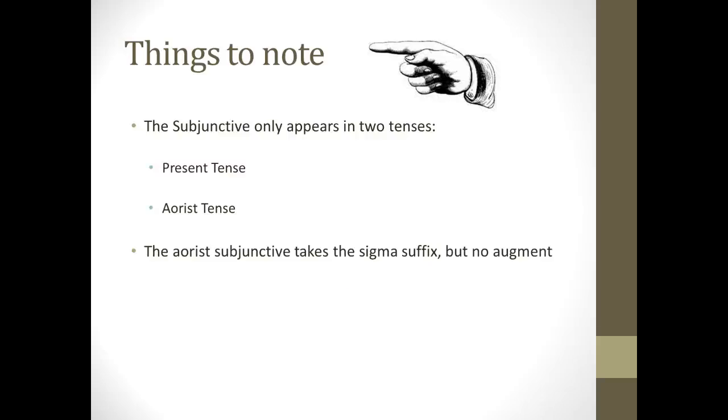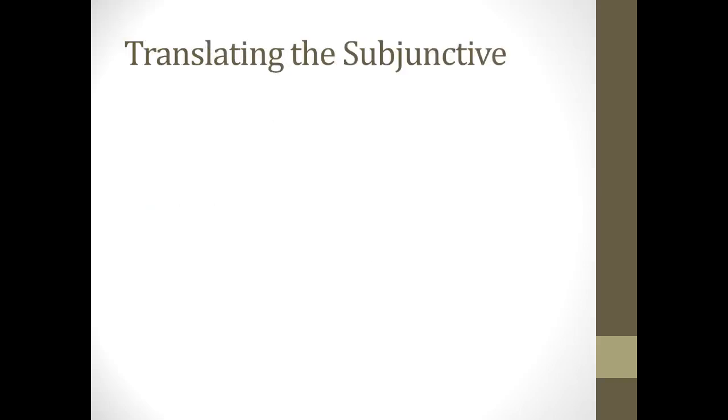Again, the subjunctive only appears in 2 tenses, the present tense and the aorist tense. And the aorist subjunctive takes the sigma suffix, but it does not take the augment that you're used to looking at. With that in mind, let me give you 4 examples here to help you as you begin approaching how you should translate and parse the subjunctive.